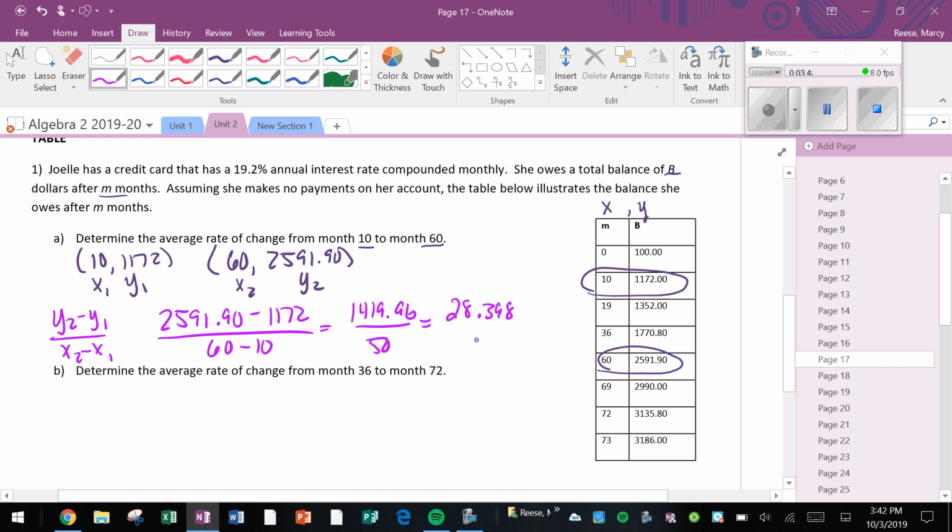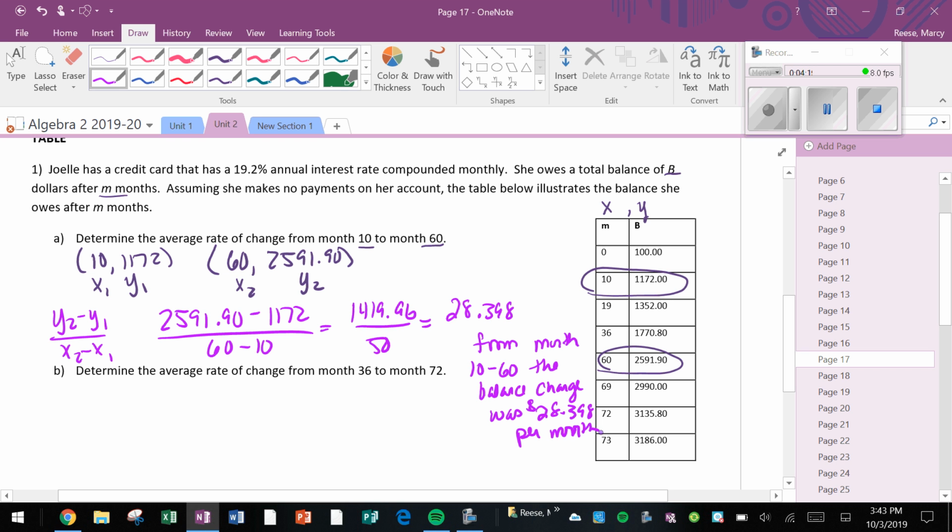It means from month 10 to 60, the balance average change was $28.398, $28 and roughly 40 cents per month.